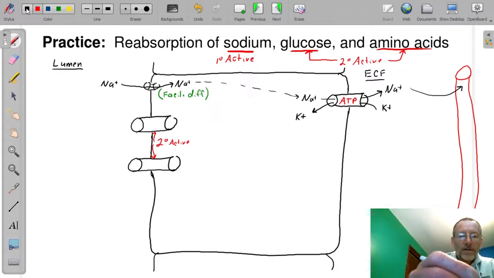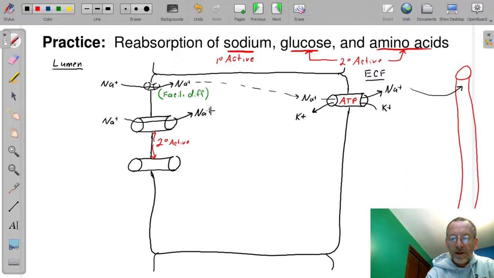Sodium enters again down the gradient. In comes the sodium. It is removed from the cell by the sodium-potassium pump that we already looked at. So all the sodiums go together in this diagram and are eliminated by the pump.